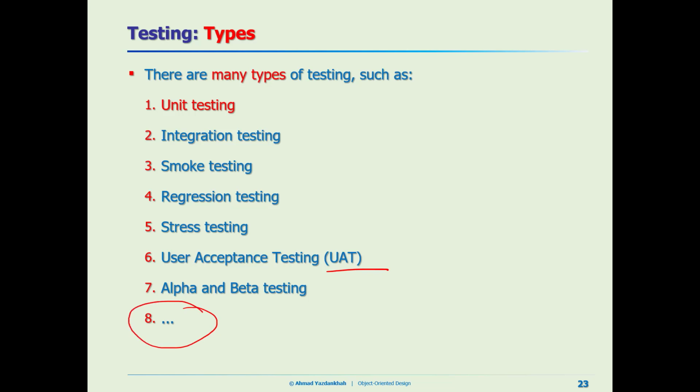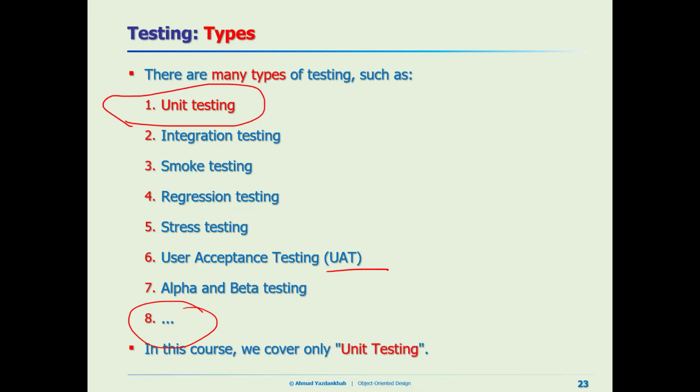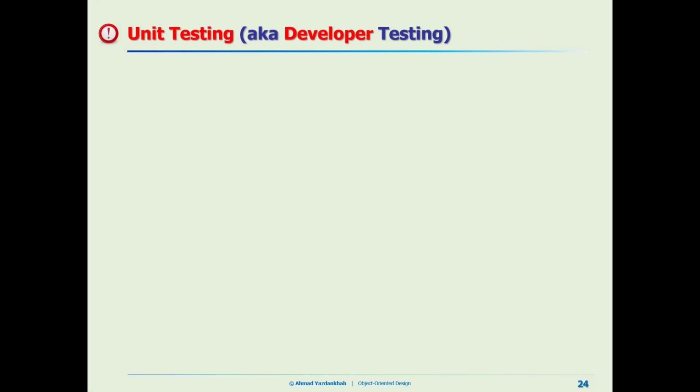Yeah, really, really, there are more. But the only thing that is in our scope is unit testing. All right. And unit testing is called developer testing. That's why I said that this testing section is not really for the QA department. It's for the developers.